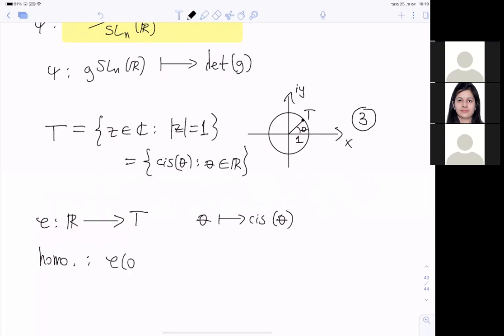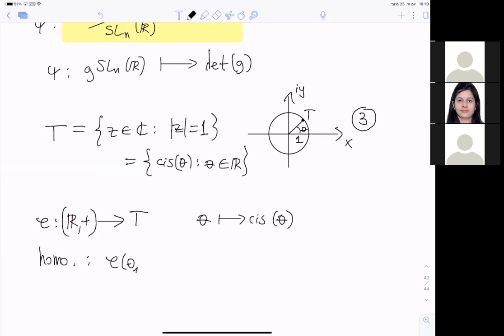Because phi of theta 1 here is with respect to plus. Maybe it should be written, because if it was with respect to multiplication, we would have to take R star without the 0. So now we are looking at this additive group.